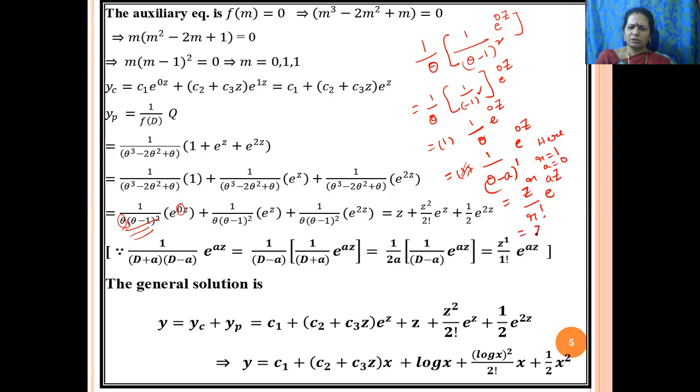So substitute z to the power of 1 by 1 factorial into e⁻0z. So what is this value, z to the power of 1 is z, e⁻0z is 1. So first value is z.